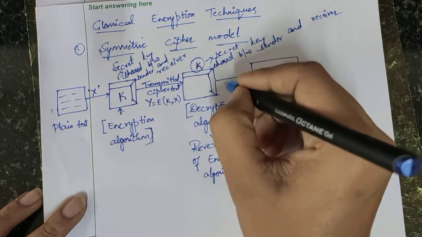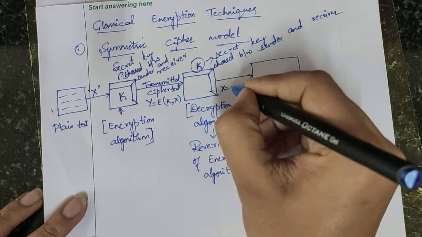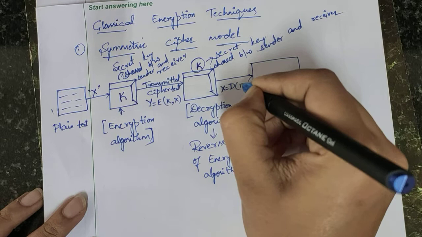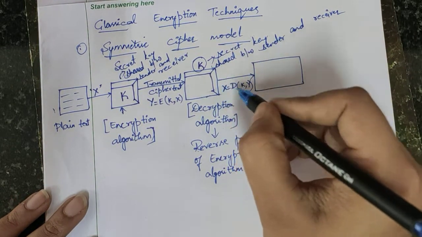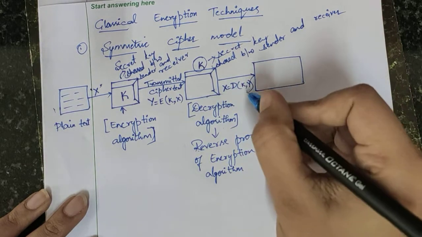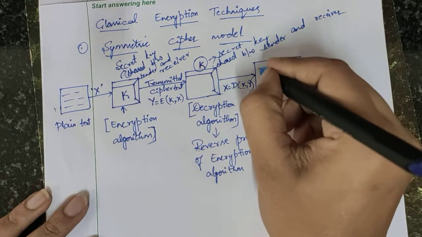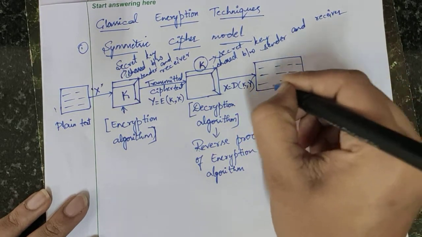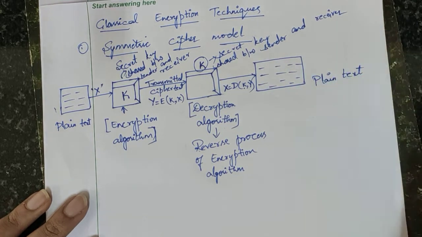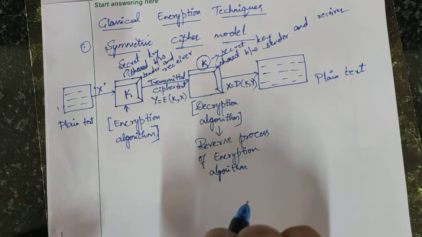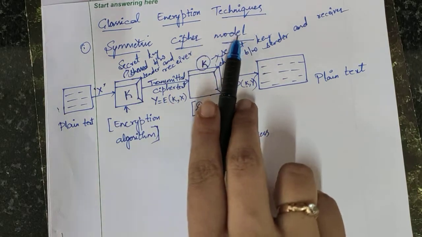So here from the transmitted text you will be getting X. So X is equal to D of K comma Y. That means you are getting the plain text using the decryption algorithm with the help of secret key K and the cipher text Y. So finally again you will be getting the plain text, right? This is the process you have to follow in your symmetric cipher model.